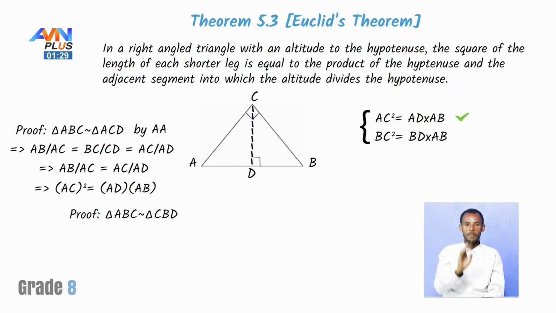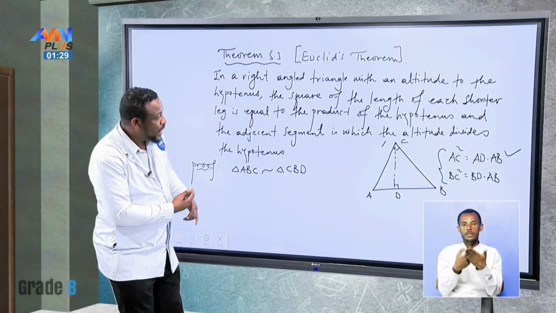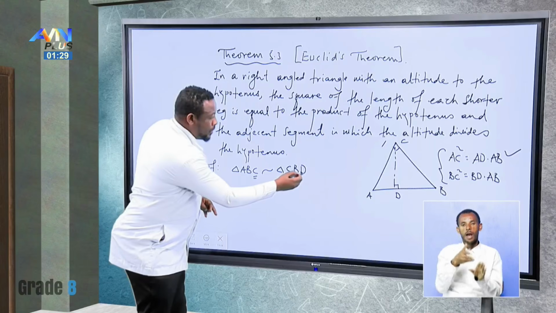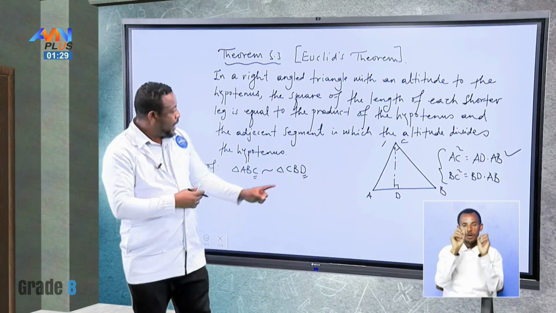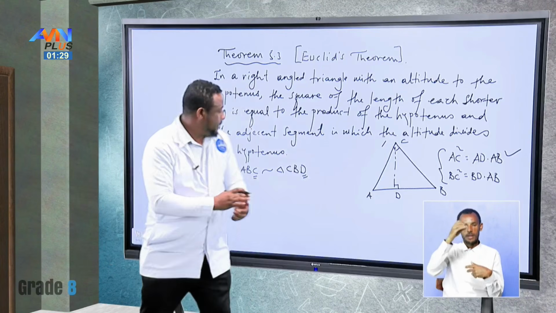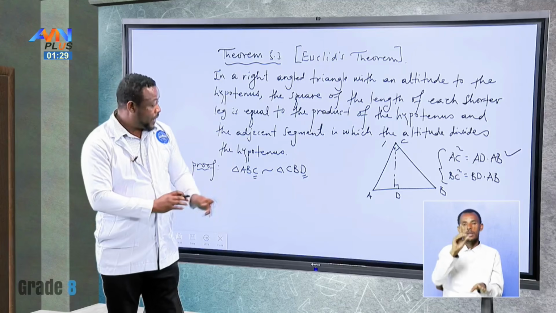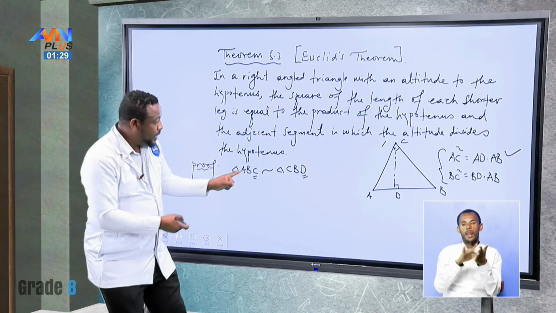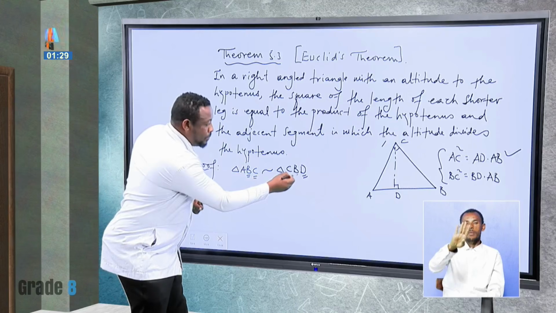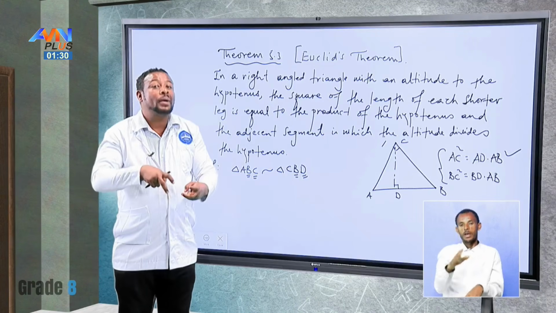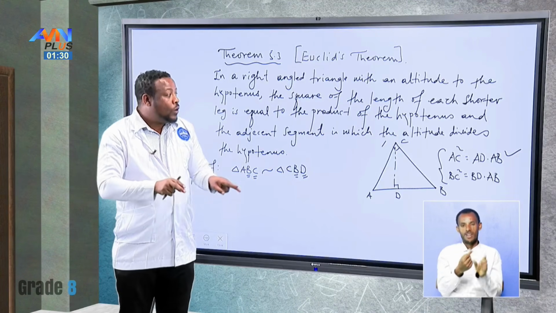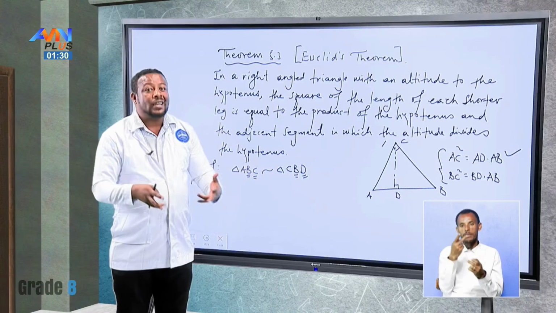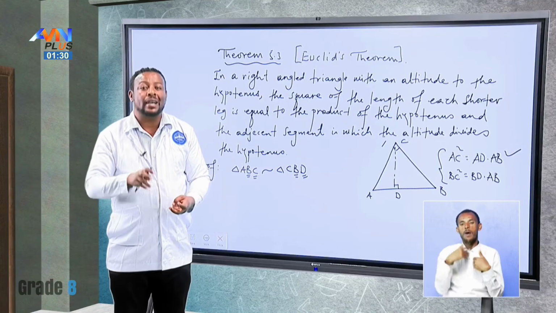How? These two triangles have 90 degrees at C and D. The other thing is that they share another common angle at B. So from this figure, we can observe that these two triangles have two congruent angles.